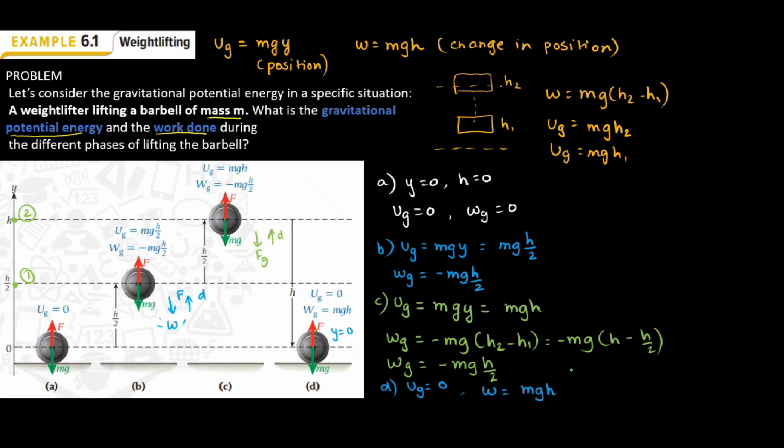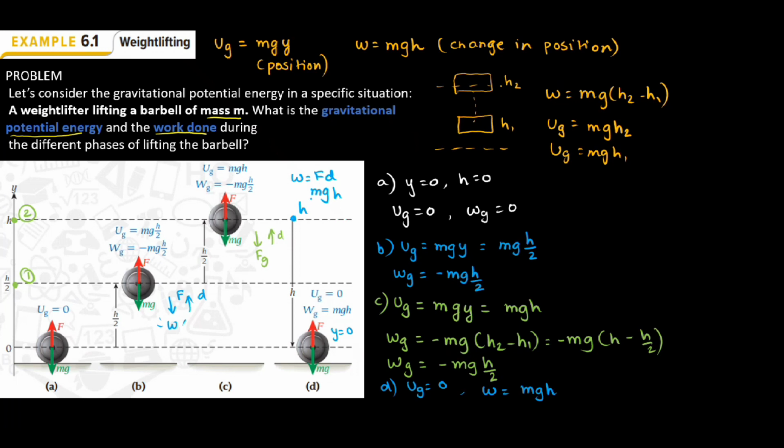Why mgh? Because initially you were at this position, h. You moved from h to 0. So you need to find how much work you did when you moved from h to 0, which will be F times d. F is m into g and d is the height covered, which is h.